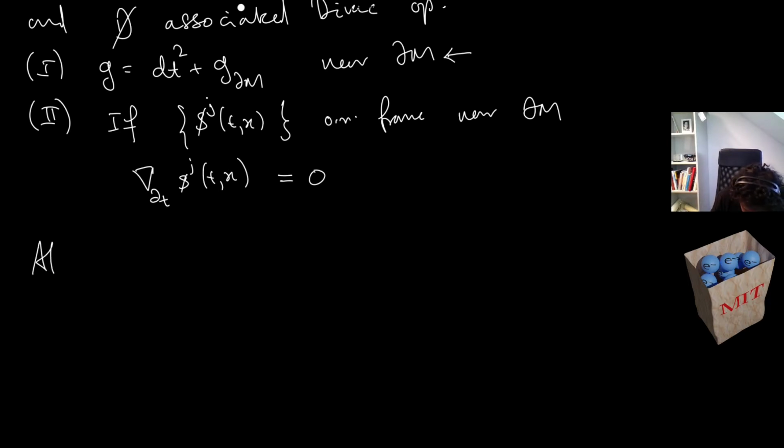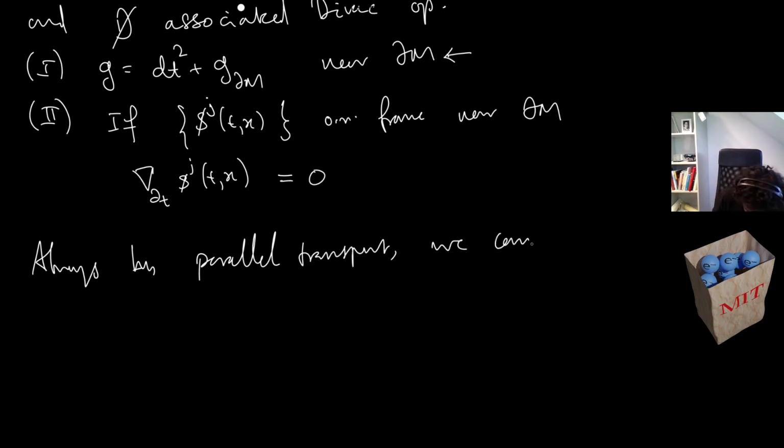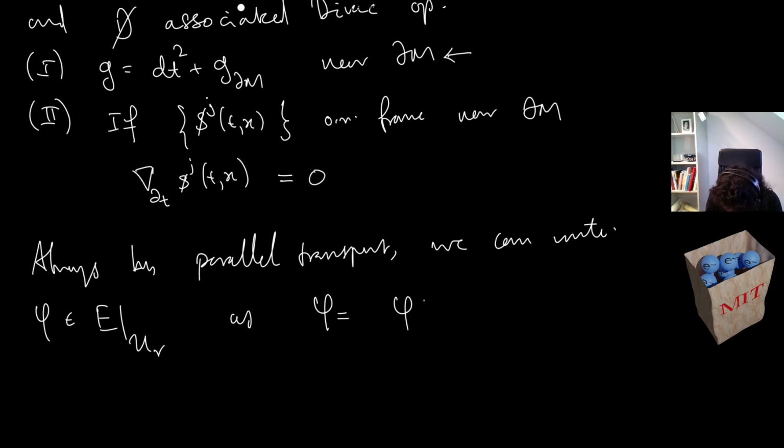Always by parallel transport, we can write a section, say u in E restricted to this neighborhood U_R, as phi equals phi of t, x.